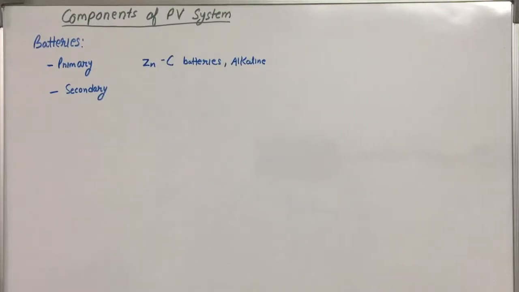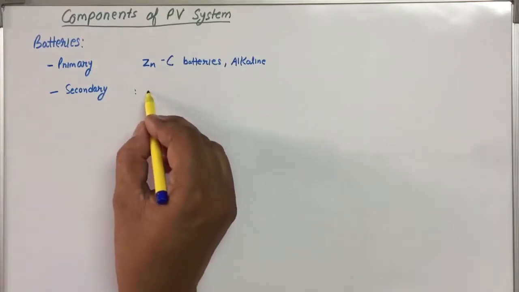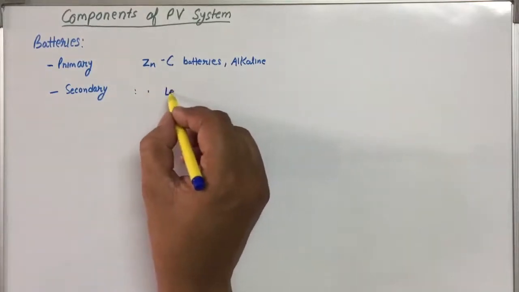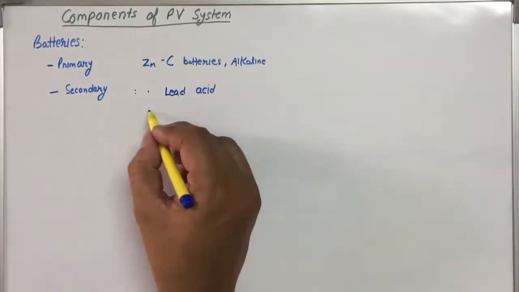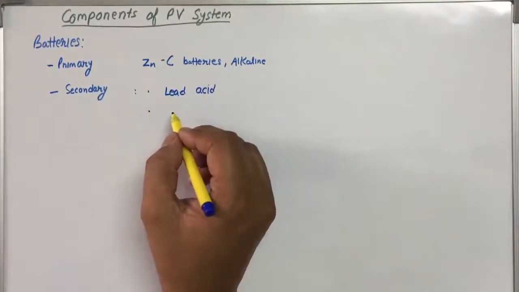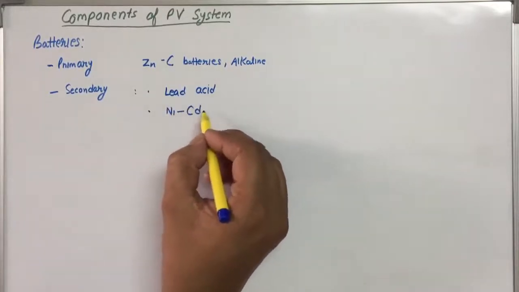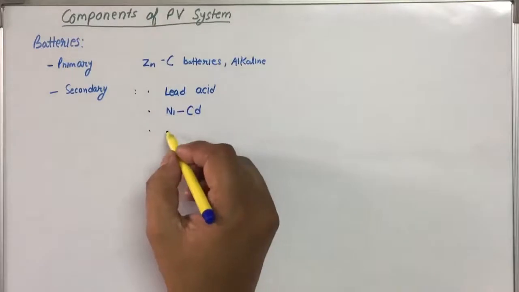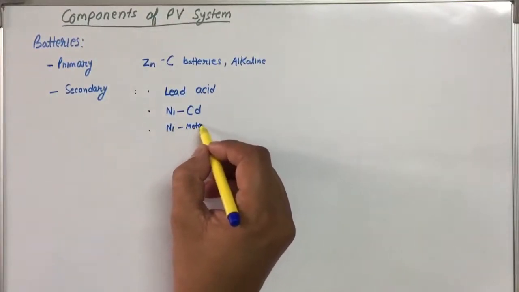Their types can be lead acid batteries, nickel cadmium batteries, and third, nickel metal hydride batteries.